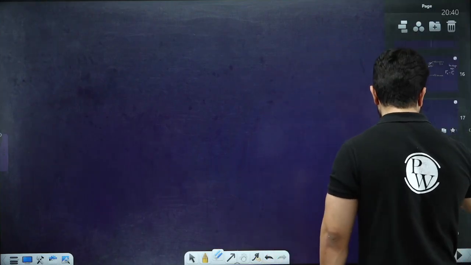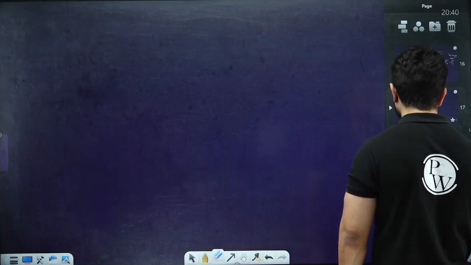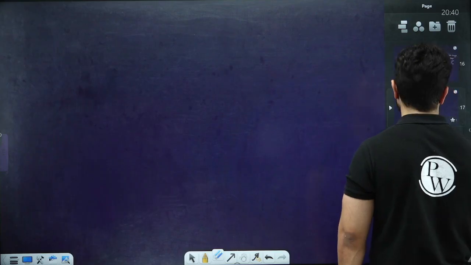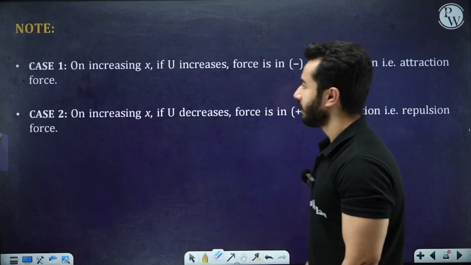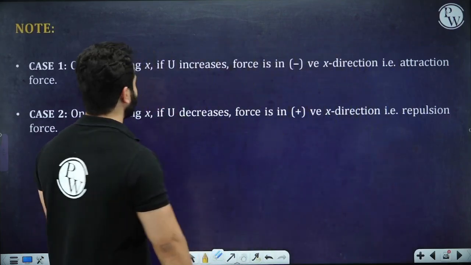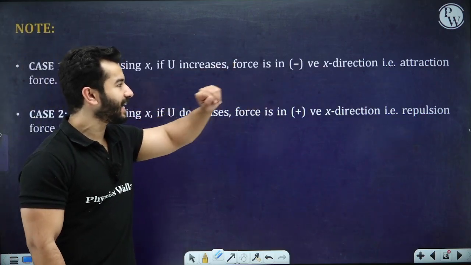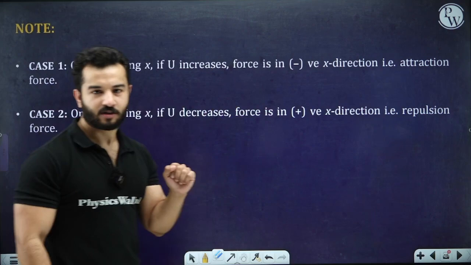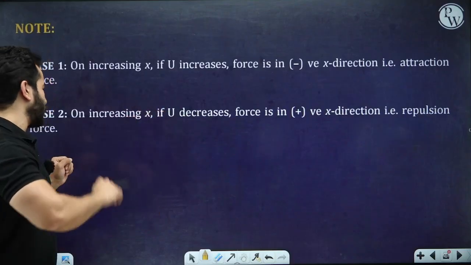what we are going to do over here is look at some notes, right? And those notes are, case 1: on increasing x, if potential energy increases, then force is in the negative direction, that is attraction force. Let's read case 2 as well, and then I'll go back to my example.